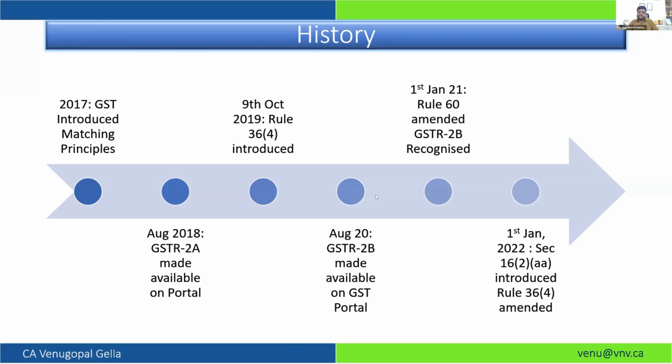So if I receive any notices for the periods 2017-18 and 18-19 asking to reverse the ITC because those invoices are not reflecting in the GST 2A, in that case I can say that at that time there was no concept of GST 2A.